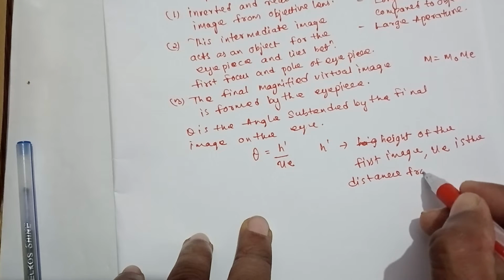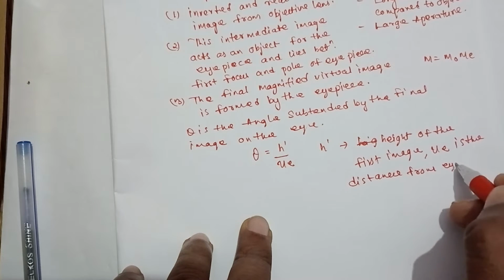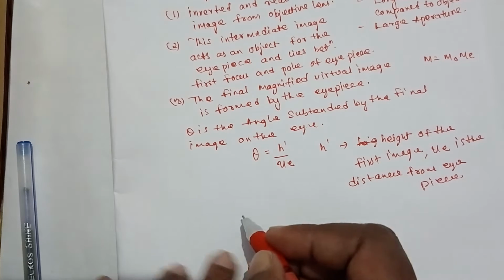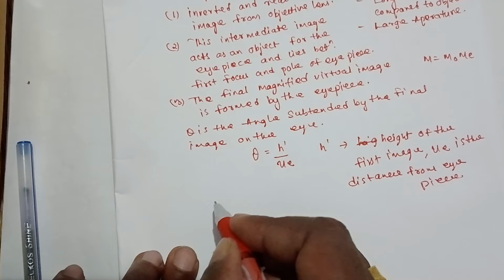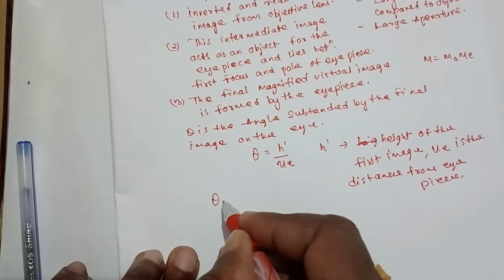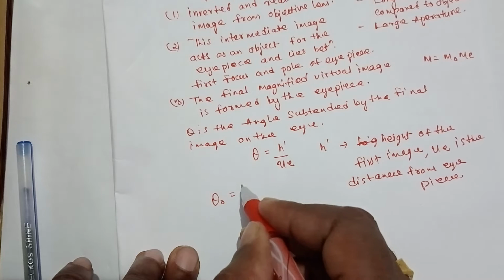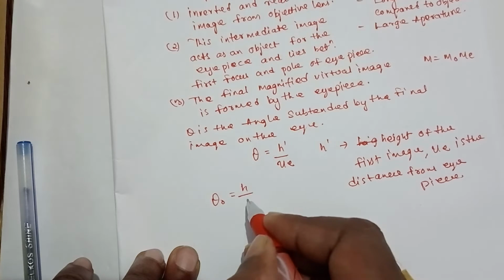Next we have to calculate theta naught, that will be h by D.